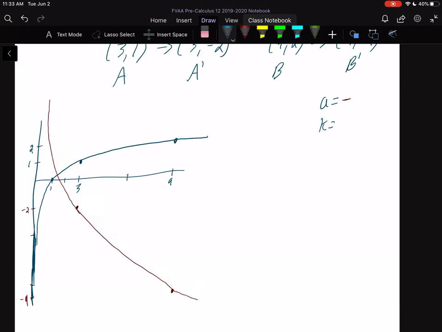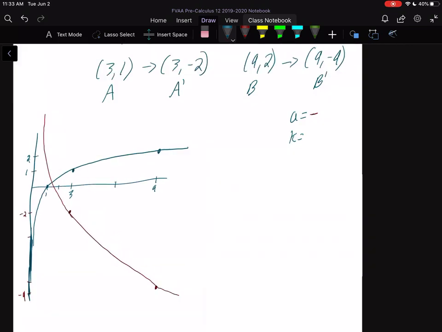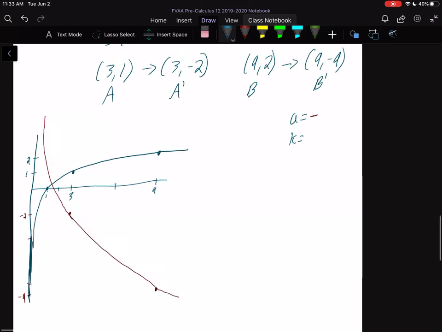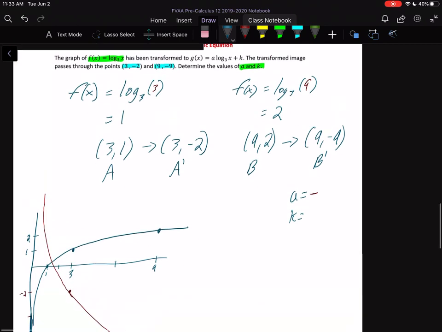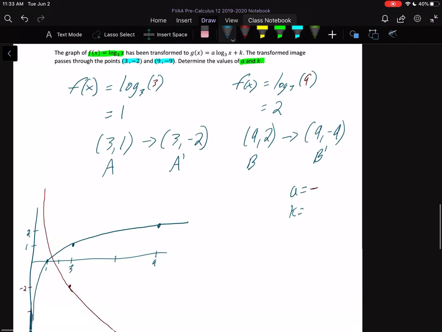Now, one of the best ways to go about this is to actually create a system of equations, because you have the 2 points that you have here. So, again, you have our first equation. We have the input and outputs, right?